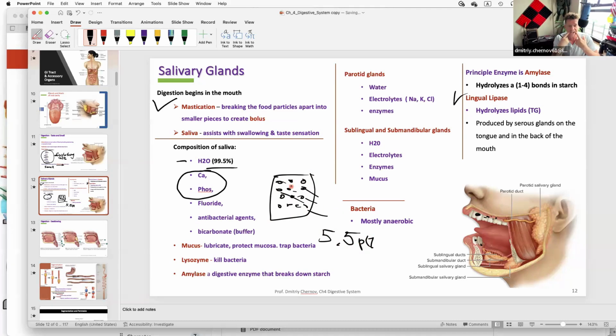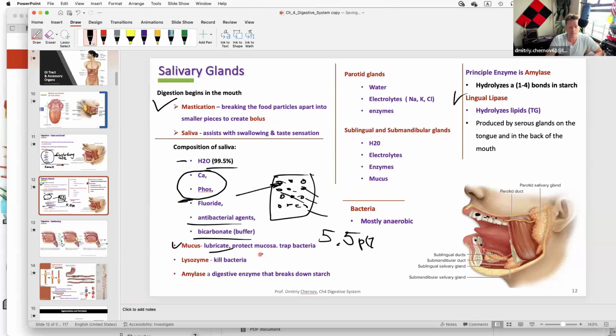Your saliva, because saliva has calcium and phosphorus, or eating hard cheese, can remineralize, bring back calcium and phosphorus, because bones are made from calcium and phosphorus, and the teeth are bone. Fluoride destroys bacteria and also prevents demineralization. Antibacterial agents destroy bacteria and may also prevent demineralization. The bicarbonate buffer as well, and mucus, right? So composition is important.